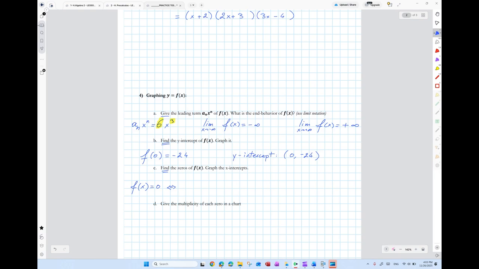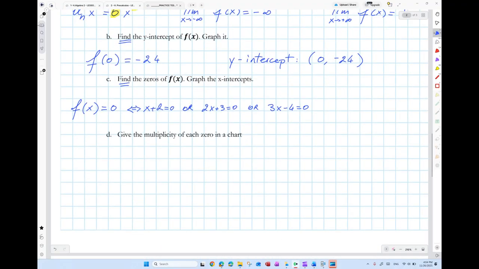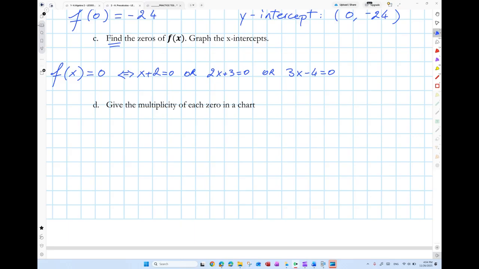So I will have x plus 2 equals 0, or 2x plus 3 equals 0, or 3x minus 4 equals 0. And this line is not even necessary. You can solve it directly as such.